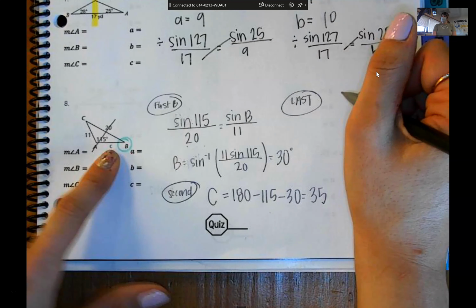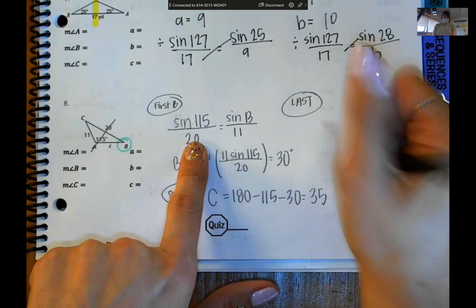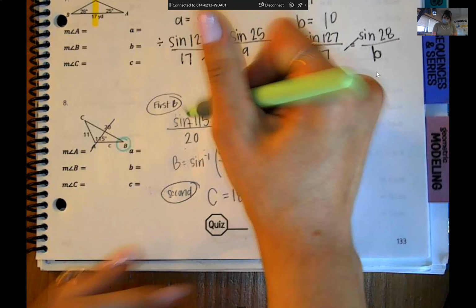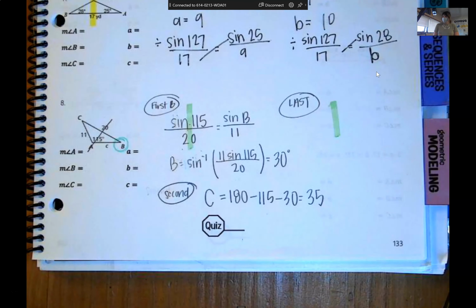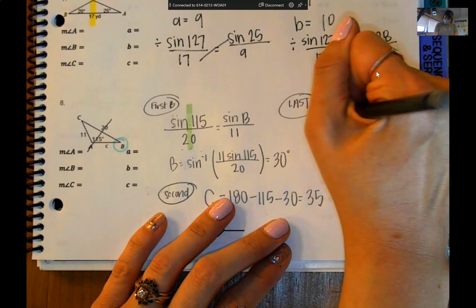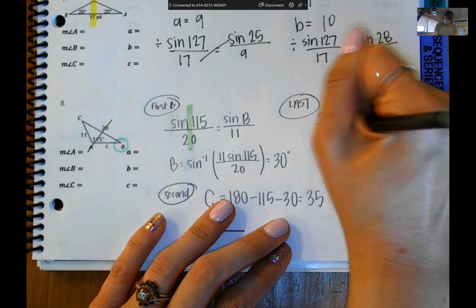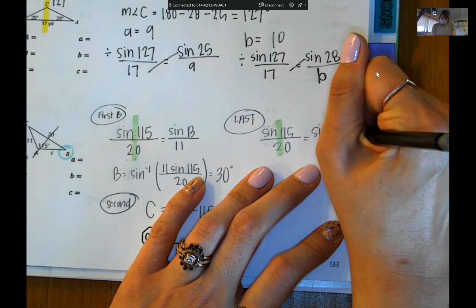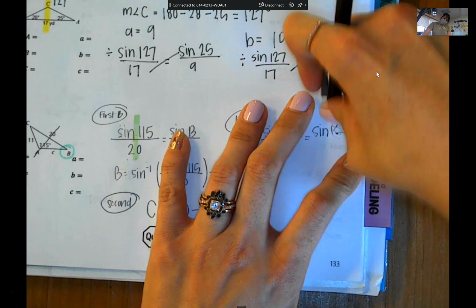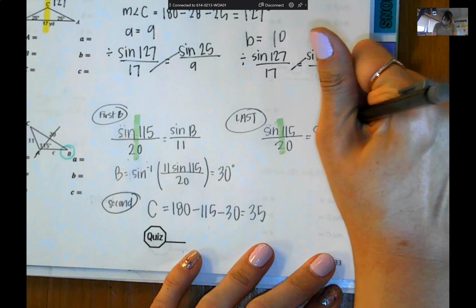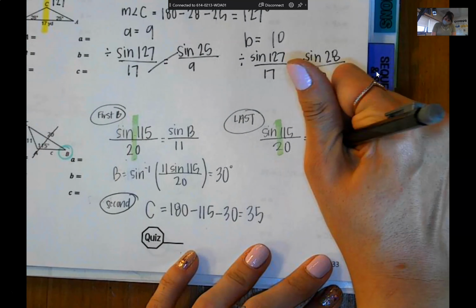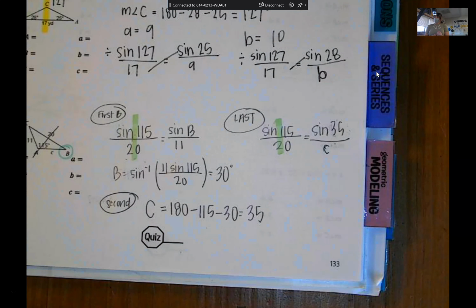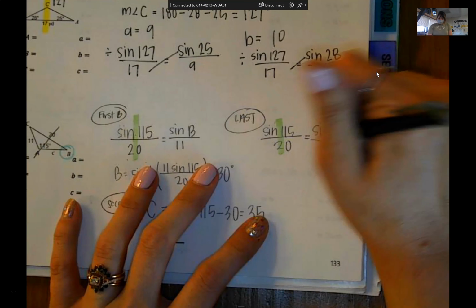So our last step then, the last thing that we do is find side C. So we're going to use this fraction again, right here. We're going to say sine of 115 over 20 now equals sine of our last angle, which was 35, over side C. Now remember, this is from last time, so we don't have to do the new function.